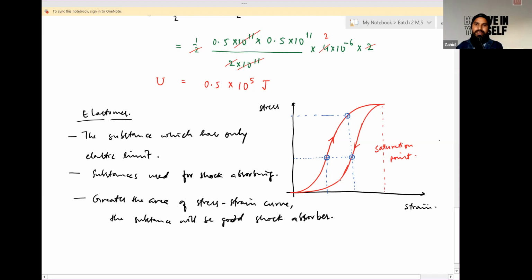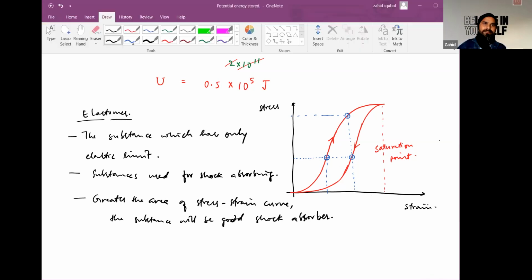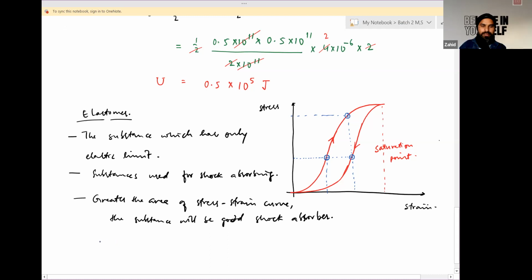So stress and strain are not directly proportional to each other while going up or coming down. This behavior is called hysteresis or mechanical hysteresis.